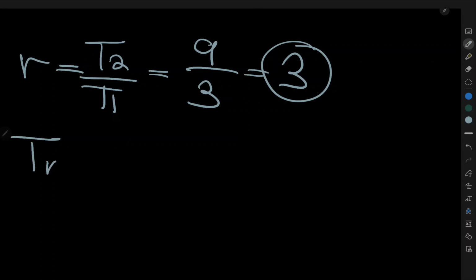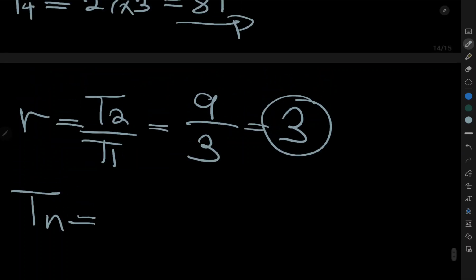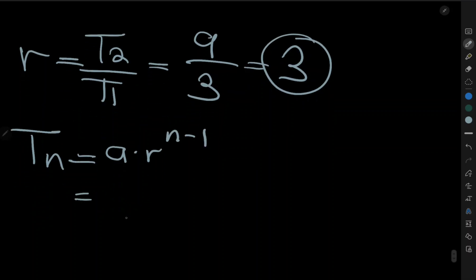So now we say tn is equal to, and the formula says a times r to the power of n minus 1. And we know that the value of a in this situation was 3 multiplied by r, which is 3 to the power of n minus 1.